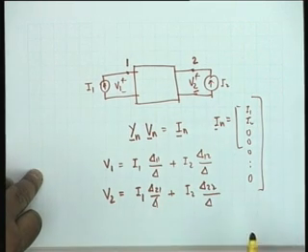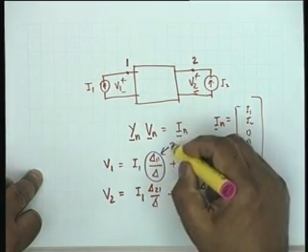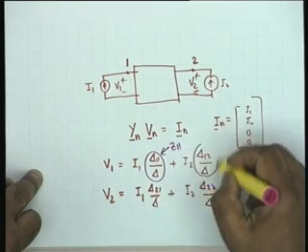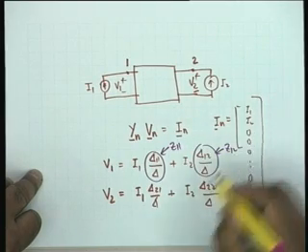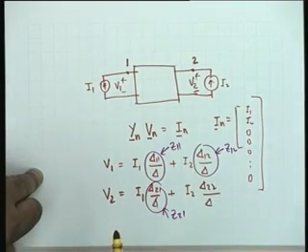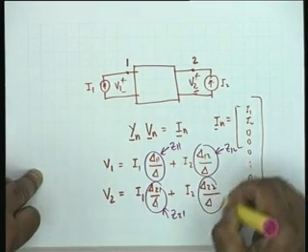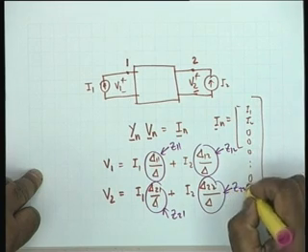So you can now identify what are your Z11, Z12. This is obviously Z11 and this is Z12, which is the same as Z21 because the network is reciprocal. Del 12 is equal to del 21 and this is equal to Z22.